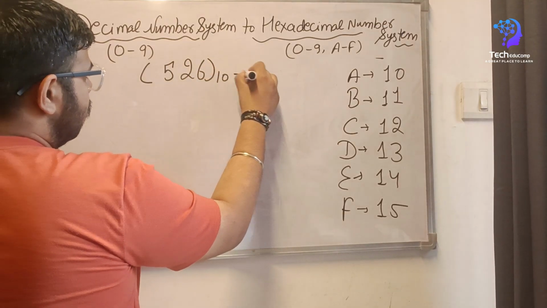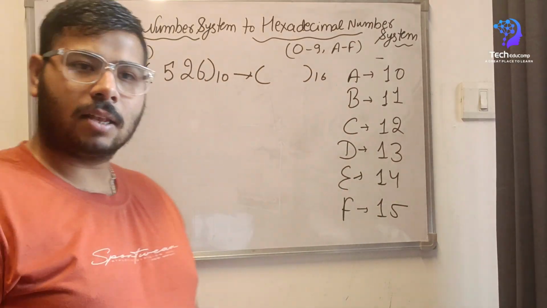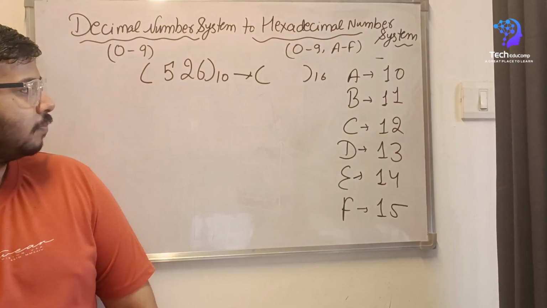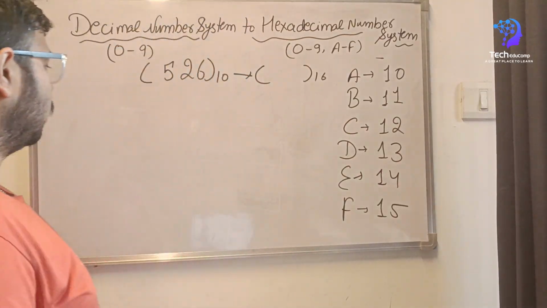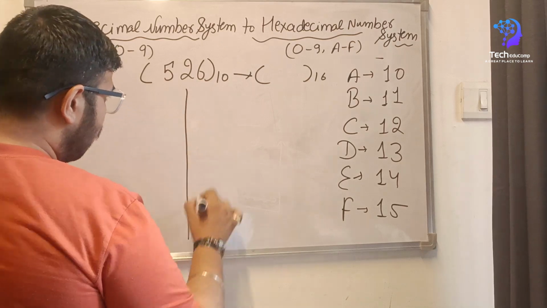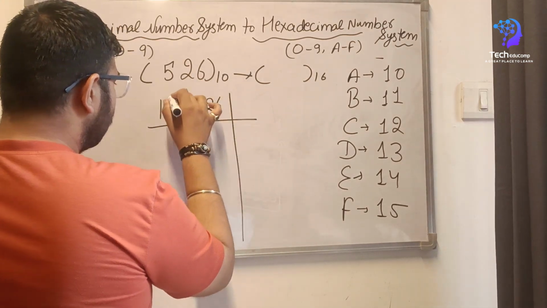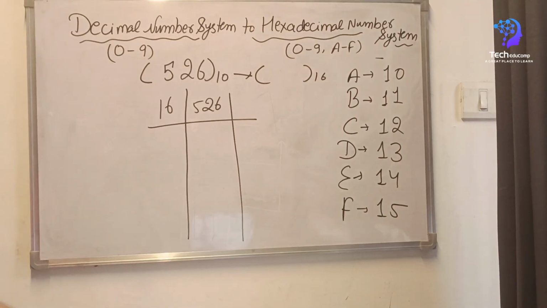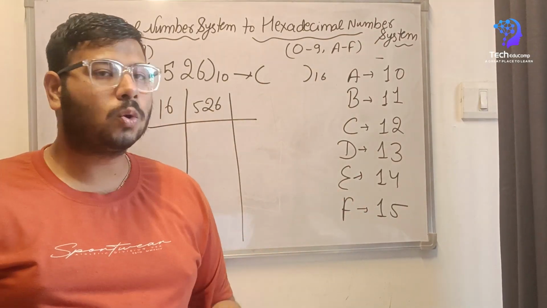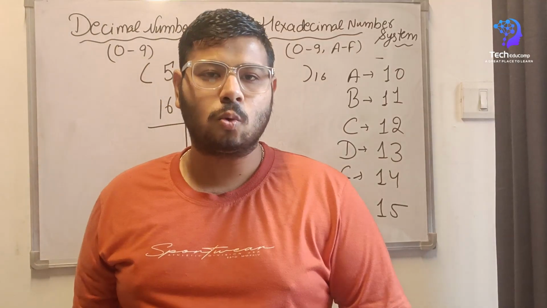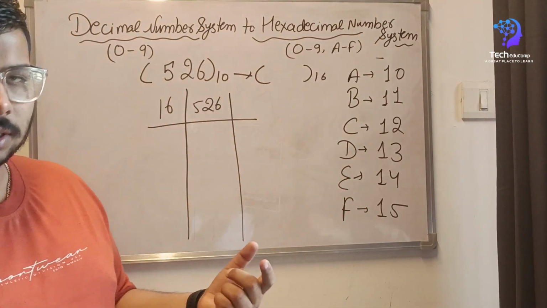526. Now, pause the video and do it. Okay. Now, using the same method, 526 divided by 16. 16 into 1 is 16, 16 into 2 is 32, 16 into 3 is 48, 16 into 4 is 64.